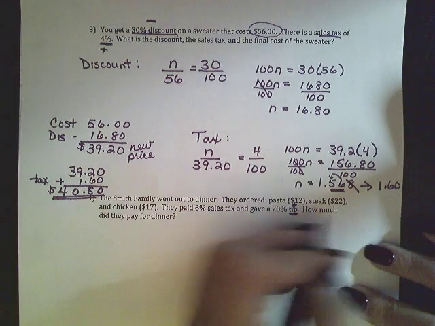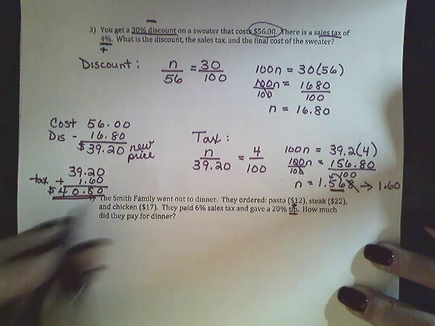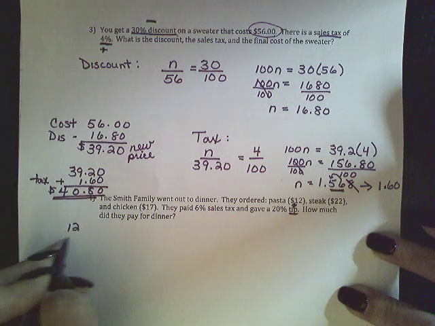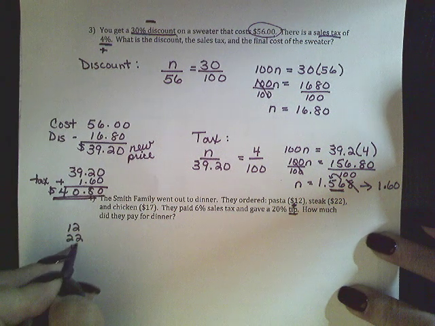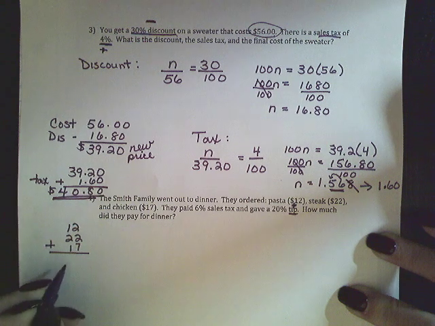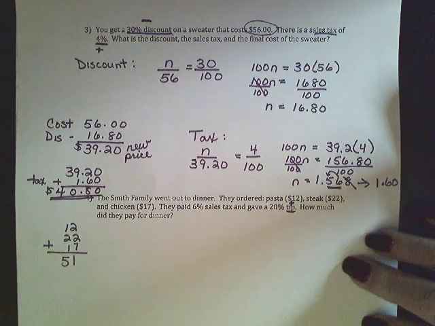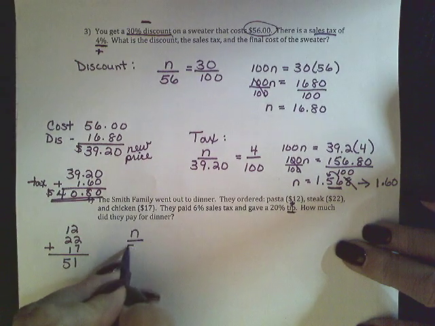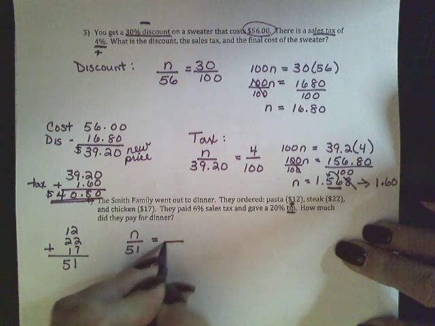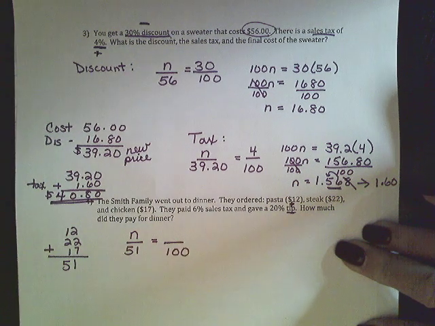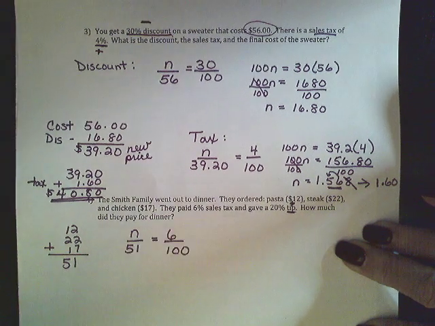All right, so step 1 is we have to find out how much was their dinner. So we have to take 12, 22, and 17, and add these up. When I add these up, it's going to give me $51. So N over 51 is going to equal, again, I do the sales tax first, and that's 6%.